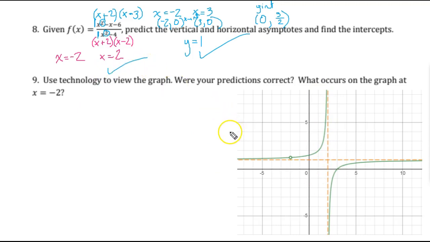And wait a minute, I'm missing a vertical asymptote. I have an x-intercept at 3, 0, but I don't have an x-intercept at -2, 0. And my y-intercept of 3/2 looks okay.